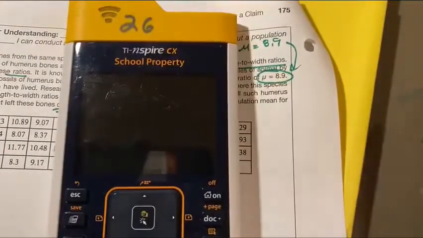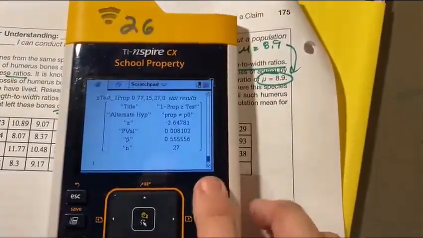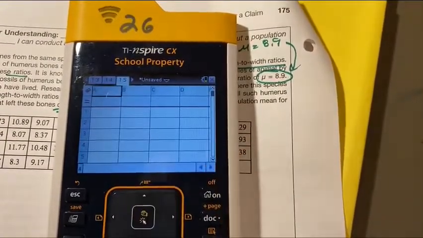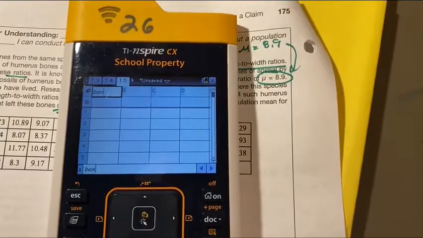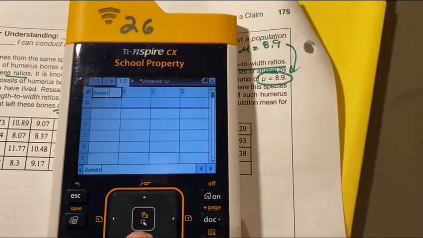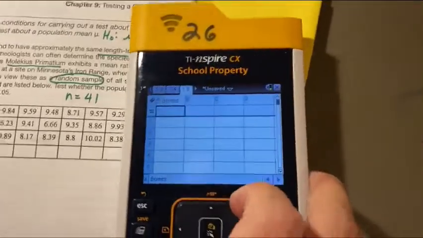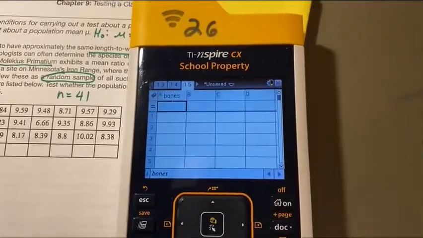So let's take a look. First, we must put all the data in, and these are humerus bones. So I'm just going to call this bones. Okay, and then I'm going to start typing them all in.